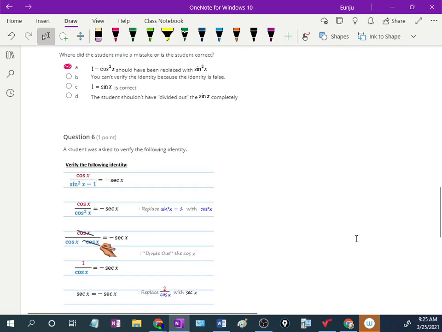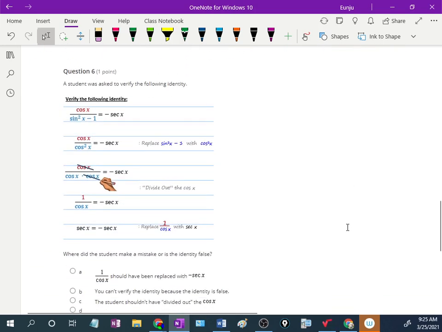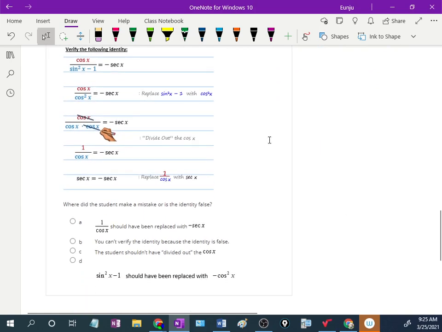Okay. Next one, last one. Verify. Okay. So cosine, and let's read from here. So let's check that from the sine squared of x plus cosine squared of x equals to 1, Pythagorean identity. And I have this and only that.